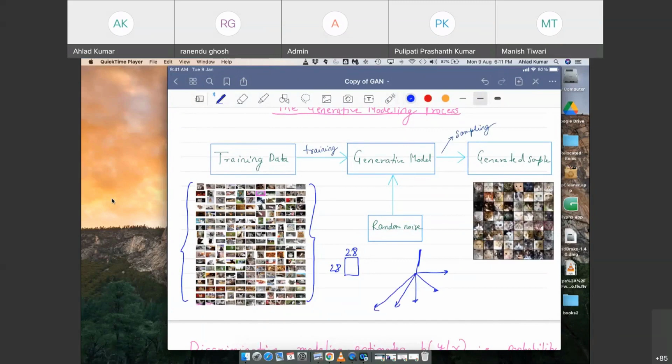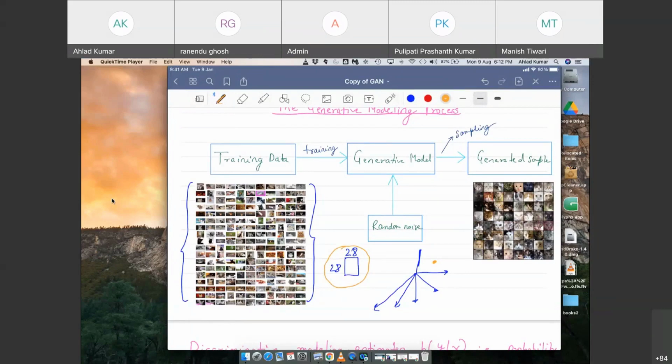As you can see, 28 cross 28 comes out to be 784. So this particular cat image will be represented in the form of a small dot. I think you will all agree with this, because in 784 dimensions, this particular image, which is a 2D image, can be represented as a point.